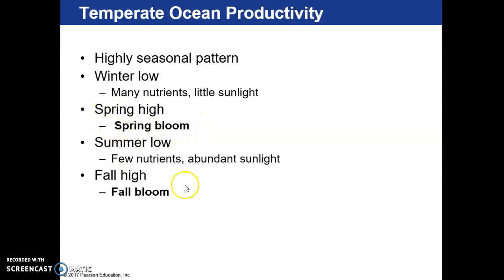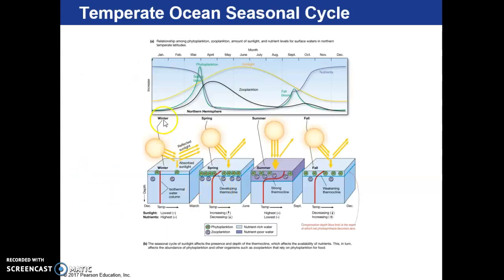And then the summer is really low because you get a really strong thermocline, so it kind of walls off that cold water. And then you'll get a bloom again, less so in the fall because the water temperatures are declining. So in the temperate oceans, you see this big peak in the spring, and then a smaller peak in the fall when the sunlight is passing over that area.